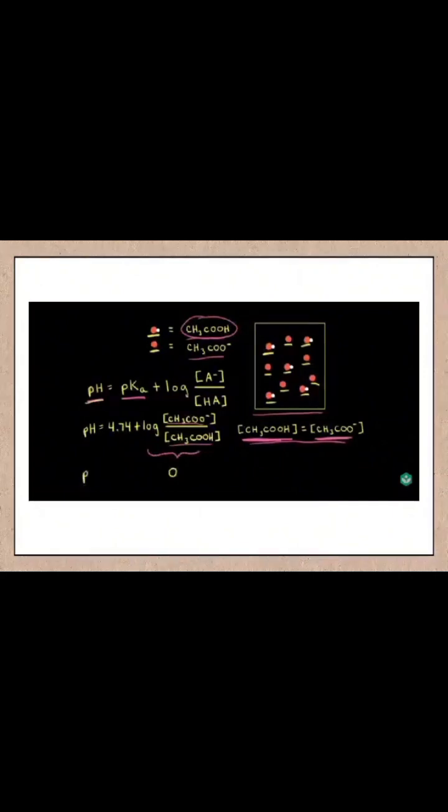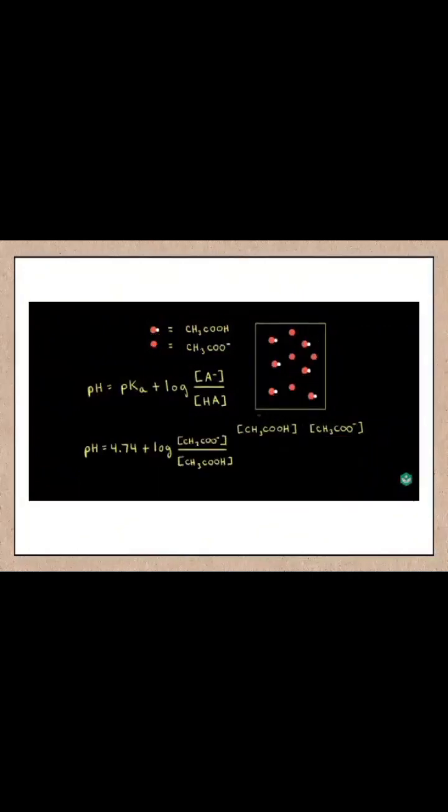Therefore, the pH of the buffer solution is equal to 4.74 plus 0, or just 4.74. So whenever the concentration of the weak acid is equal to the concentration of the conjugate base, the pH of the buffer solution is equal to the pKa of the weak acid.